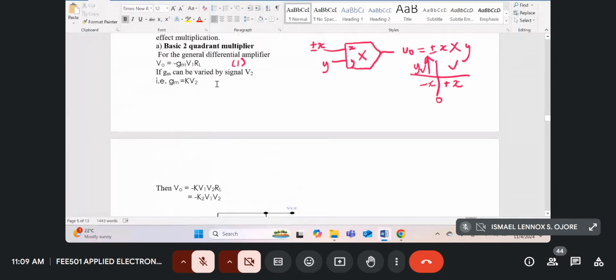Let's go back to the beginning. So in equation 1, if GM is varied by a second signal, we can write GM is equal to some K into V2. Let's call this one equation 2. And let's substitute this GM over here.